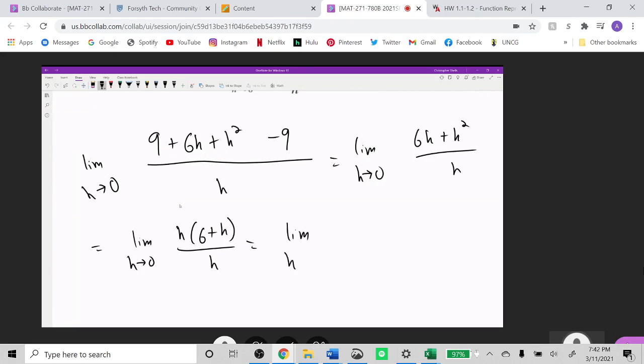So this is the limit as h approaches 0 of 6 plus h. And now I can use direct substitution to plug 0 in for h. This limit is equal to 6. Easiest thing I've ever done.